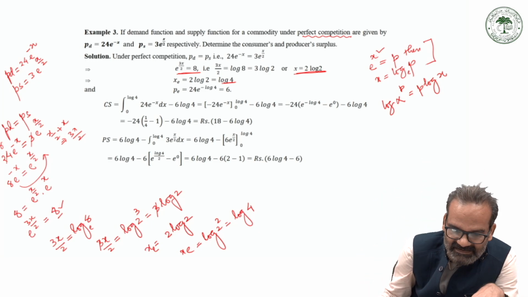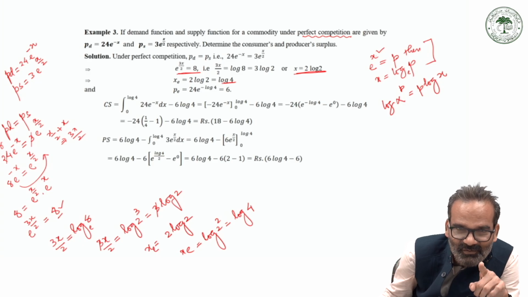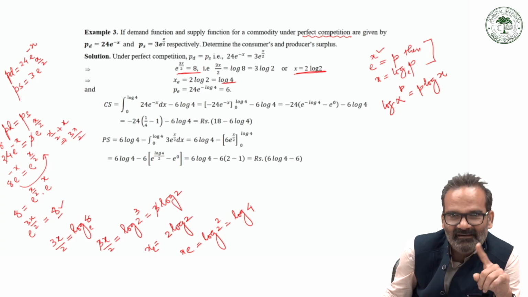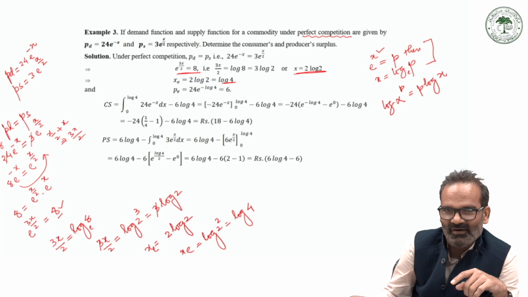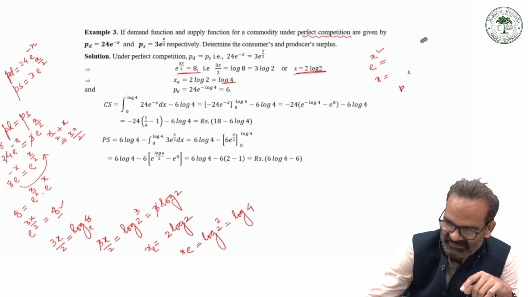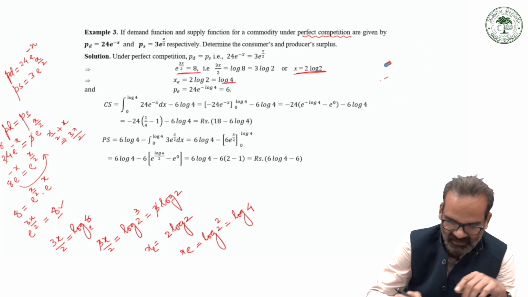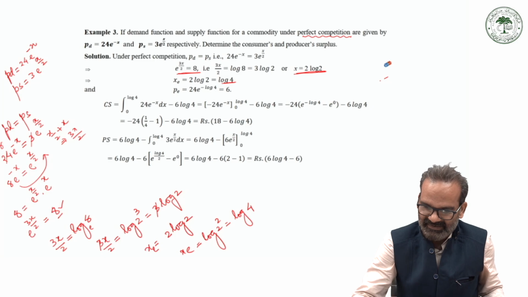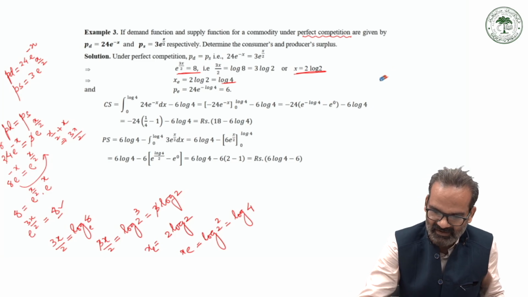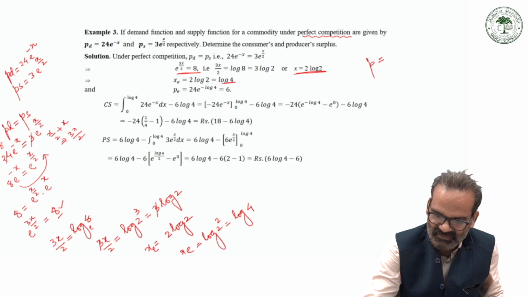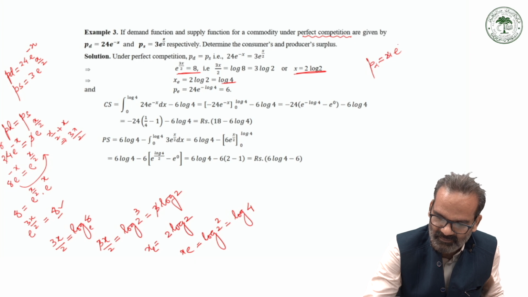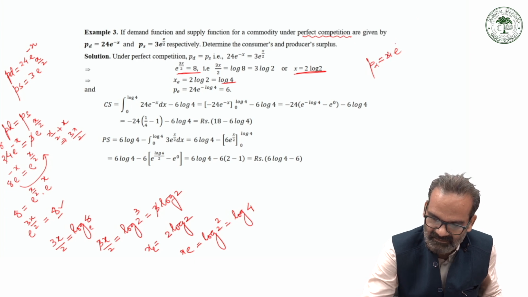Now xe is there. Put the value of xe in our demand function to get the value of pe. Let us see how we can determine the value of pe. What is your demand function? Demand function is pd is equal to 24 e raised to the power minus x, right?